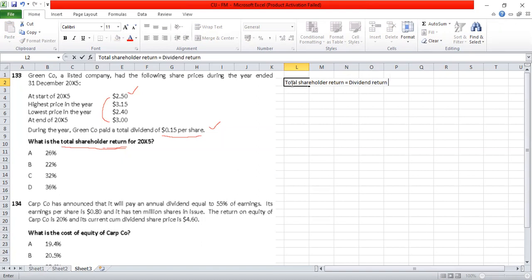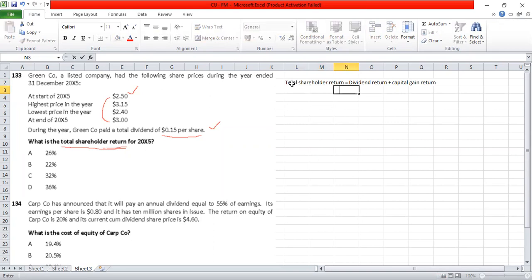He would get a return in the form of dividend, plus also he would get the difference in the capital value, the capital gain return. How would we write this one?